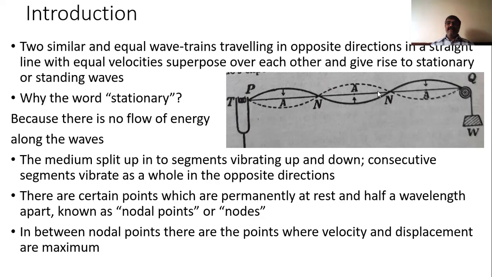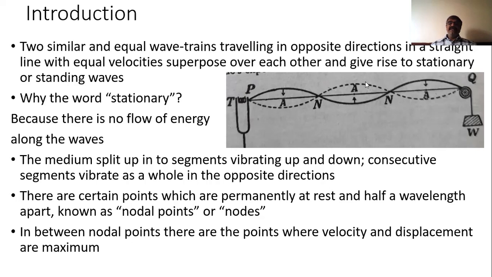In going from node to antinode, their displacement increases, and when they are at the antinode, their displacement is maximum. But the important point is that there is no transfer of energy since the particles are stationary.